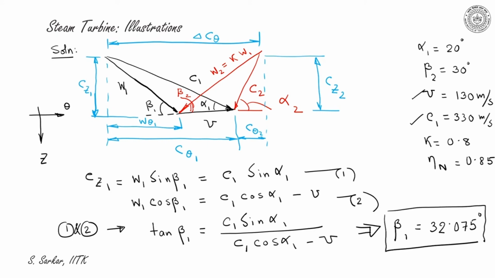So now look, here I have calculated beta 1 and beta 2 is given. Therefore, you know the blade angles. Again, from equation 1, I can write W1 is equal to C1 sine alpha 1 divided by sine beta 1. I have calculated the value of beta 1.